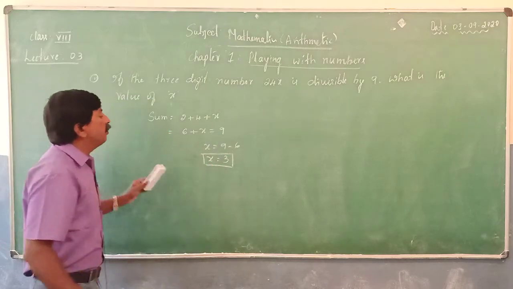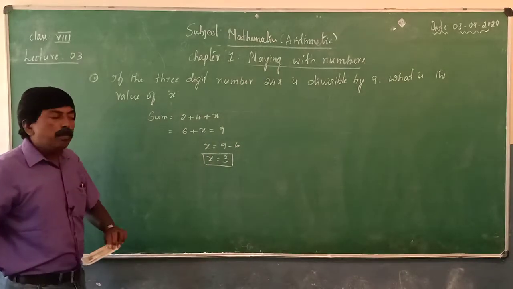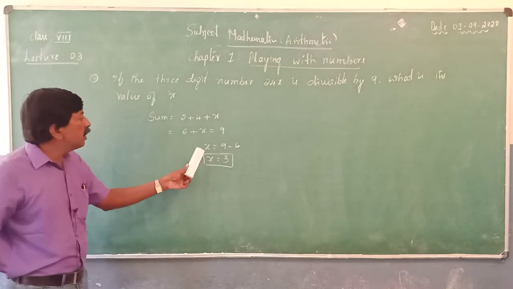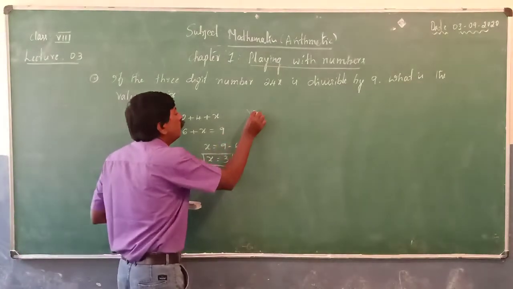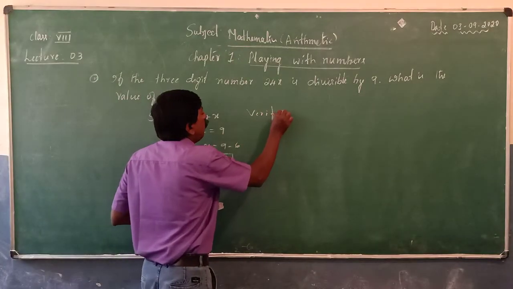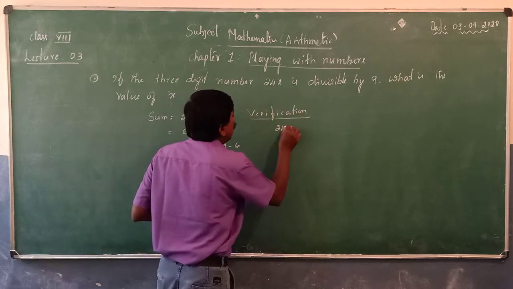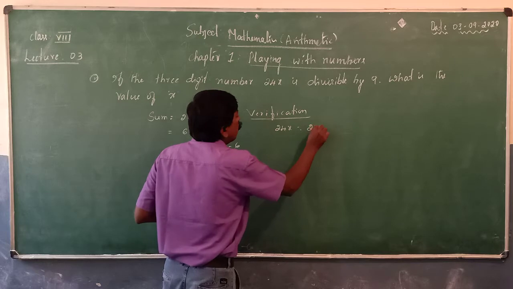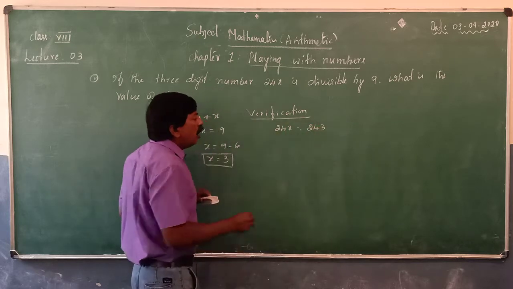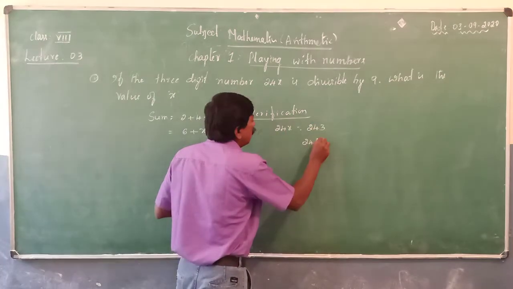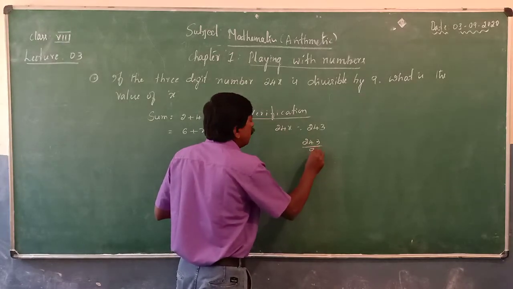If x is 3, then it is divisible by 9. Let us verify. 24x with x as 3 is 243. Now 243 divided by 9.